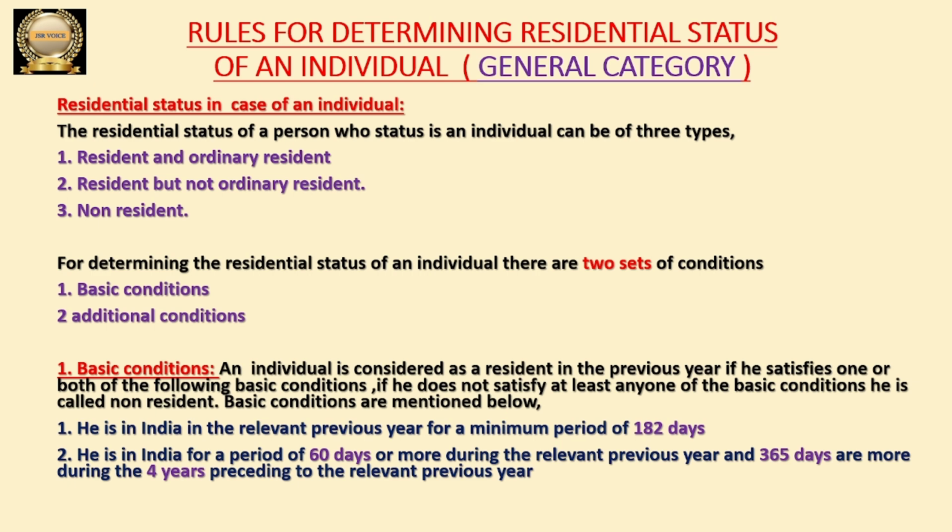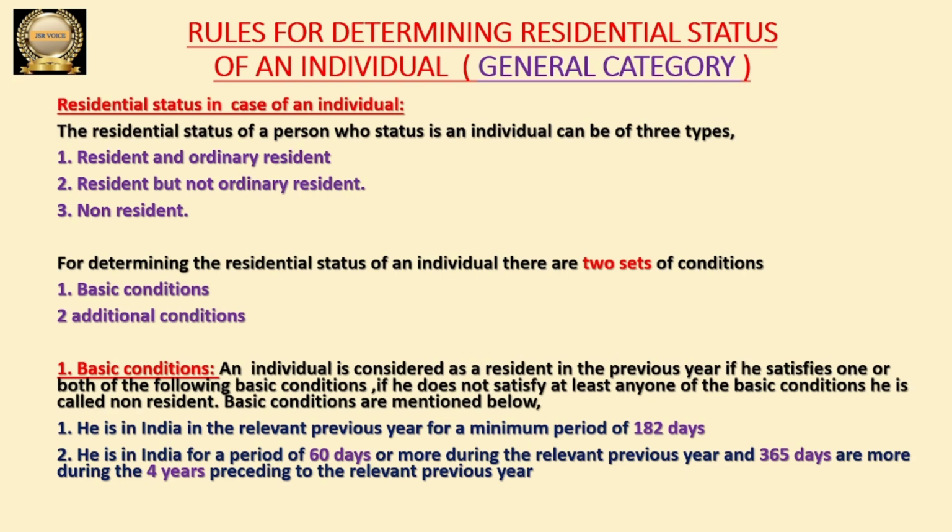So let us discuss the rules to determine residential status of an individual who comes under general category. General category means all individuals who are earning income in India. Special category I will explain later in the same class.